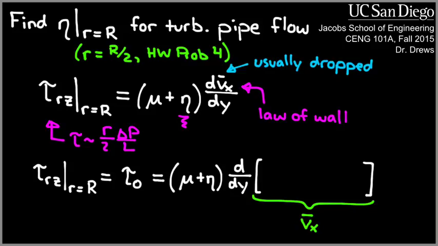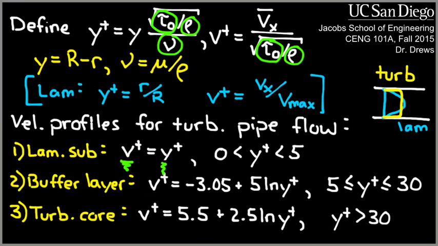So I need an expression for vx bar because I am in turbulent flow. I know I'm going to need one of the laws of the wall. If I evaluate one of these expressions down here on the bottom, I need to know, am I in the laminar sublayer, the buffer layer, or the turbulent core? In order to figure that out, I need to know what is my y plus value.